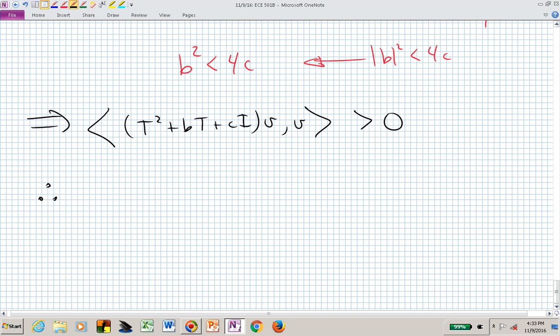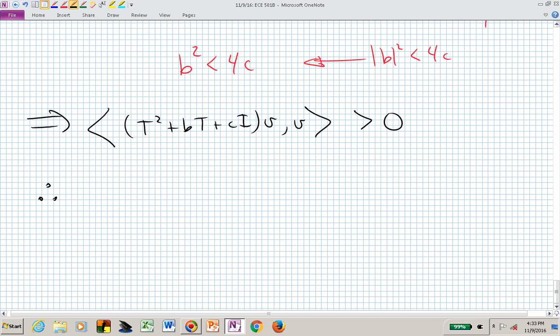Well, when v was equal to 0, it would be 0. But let's try a different thing. Let's keep v as non-zero. We'd need the first slot vector to be 0, would we not? So if the first slot is 0, what does that mean relative to v? If I have an operator times a vector and that gives me 0, what does that say about the vector?